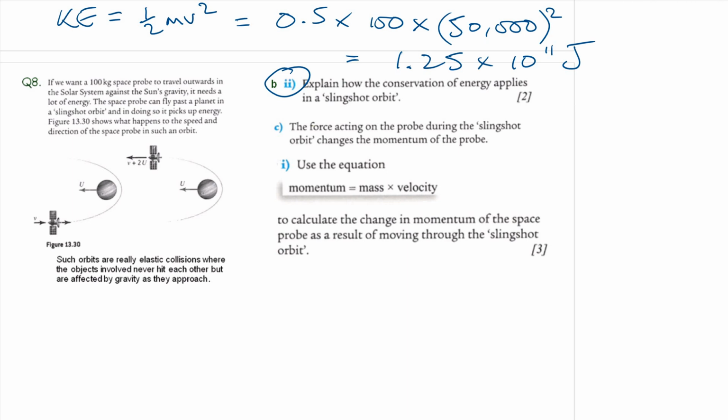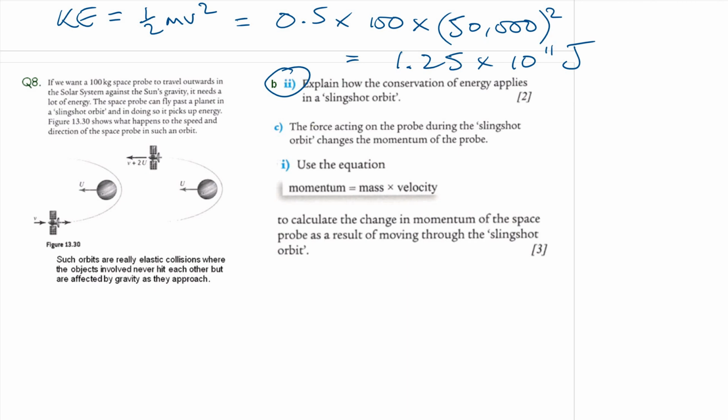So what we've got is a situation where the velocity of the probe, the space probe, has increased, whereas the velocity of the planet will decrease, but by a tiny amount due to its enormous mass.